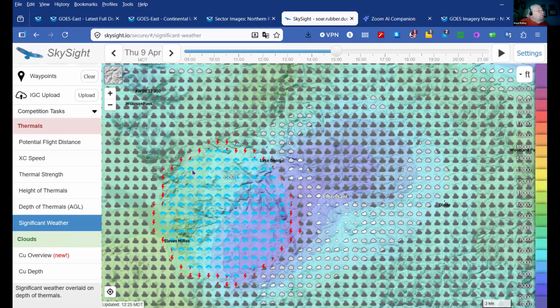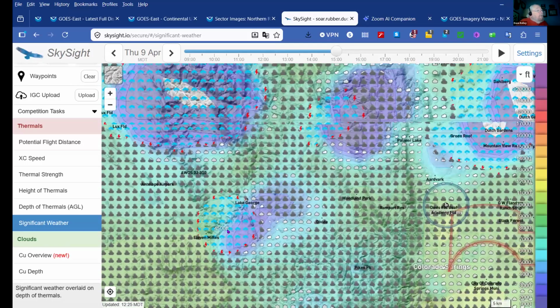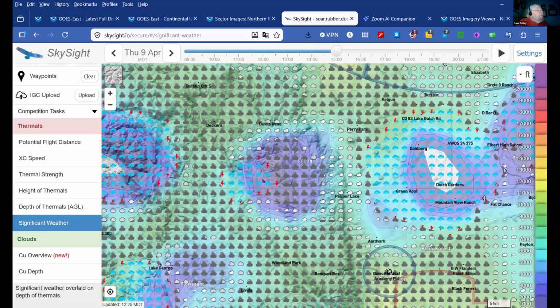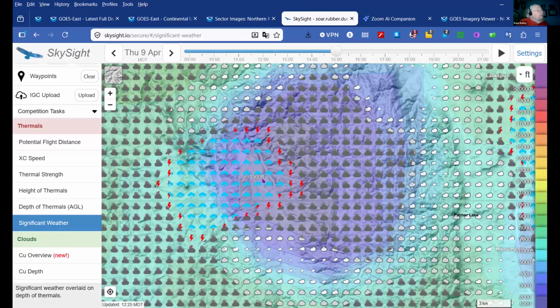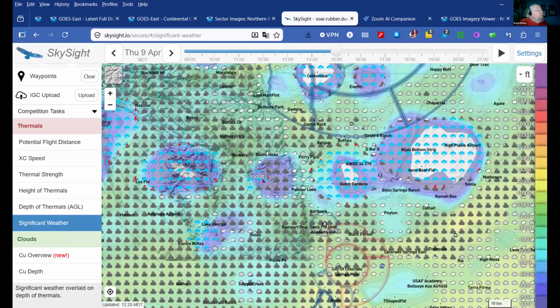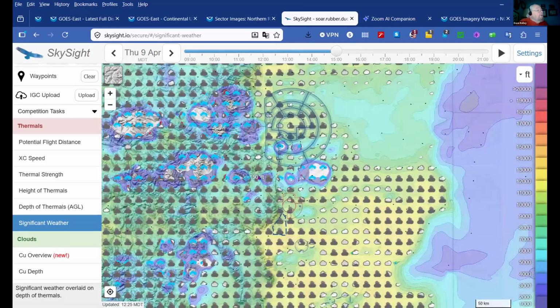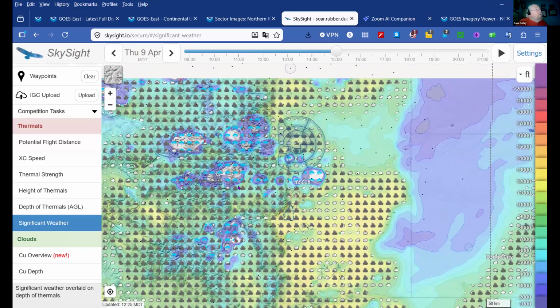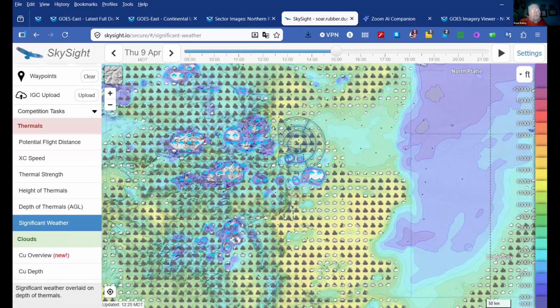So here's the primary influence of the storm. That's probably the main rain shafts coming down and the lightning around that area. Okay, so you can see this stuff in the predictions. And if this were a bright sunny day and I saw that, I would say, maybe I don't need to be over here at 3 o'clock in the afternoon.